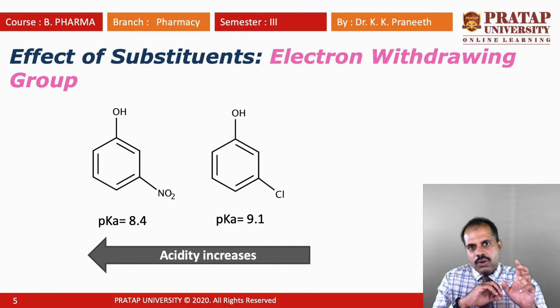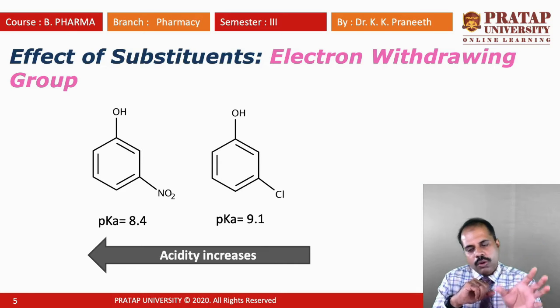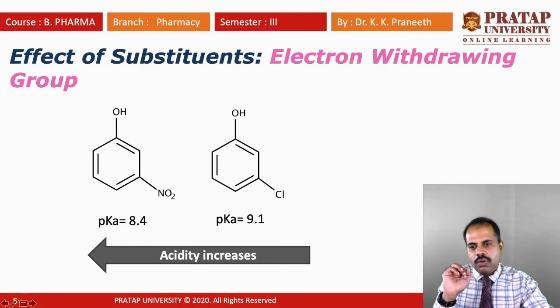In the case of nitro it is less, 8.4, and in the case of chlorophenol it is 9.1. That means the pKa decreases going from chloro to nitro. So the acidity is increased more for the nitro group compared to the chloro group.